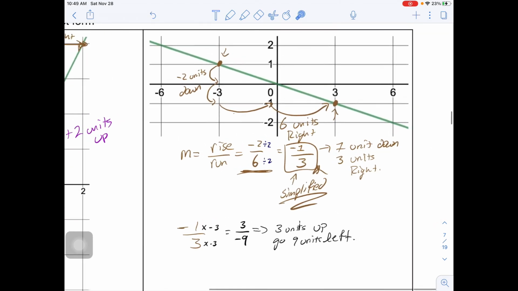Let's maybe choose this point here. If I go 3 units up, that'll be 1, 2, 3. And if I go 9 units to the left, this is 3, 6, 9. So it actually ends up working. This is 3 units up, and this would be 9 units left.